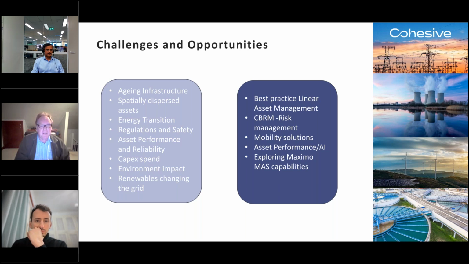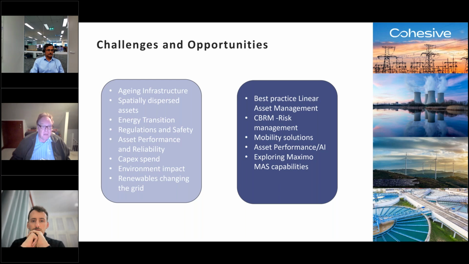Another one is spatially dispersed assets. The assets are all over the country, not in a single location like a power plant. Regulations and safety. Because it's a regulated industry, there are lots of regulations. I think the regulations vary country to country, but they're still underlying the same concepts, that it's a service that is required, it's critical national infrastructure.